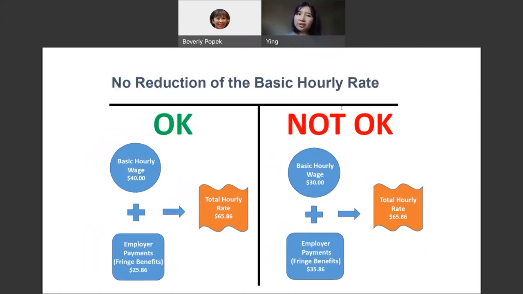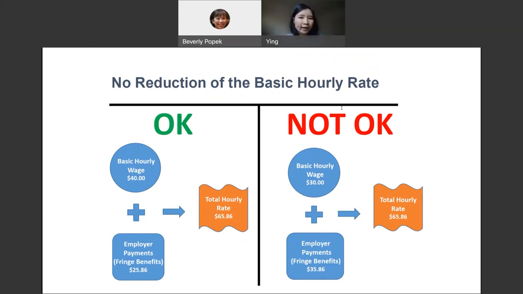And another interesting thing about basic hourly rate is that because it's being factored into the overtime calculation, you cannot reduce the basic hourly rate and pay it toward other fringes. So for example, it's okay that you're paying $40, which is higher than the basic hourly rate required, plus a lower employer payment, $25.86. Together, you still have the total hourly rate of $65.86, so that's okay.